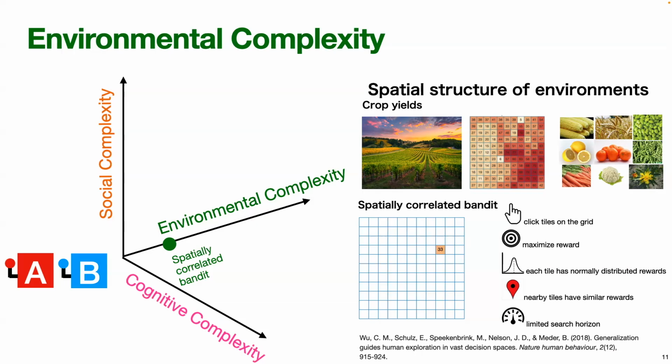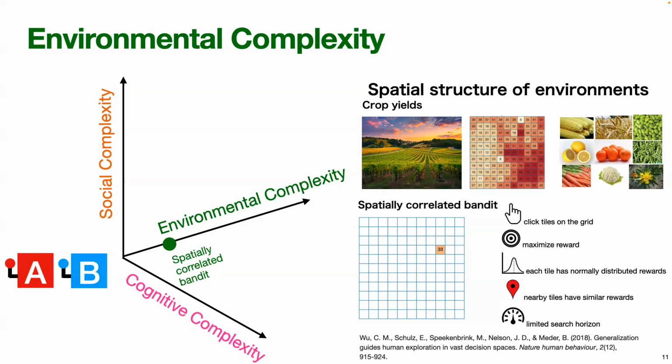So we can think about this type of situation as correlated options, or in this case, a spatially correlated bandit. But it's not necessarily actually correlated in a real space. We can think about this as conceptually related options, so they could also be mapped onto this kind of correlated spatial space, right?